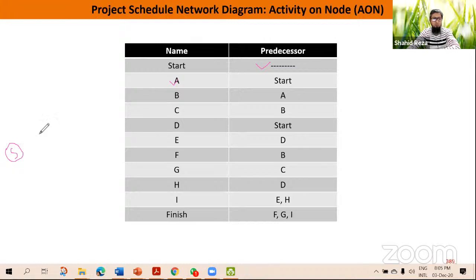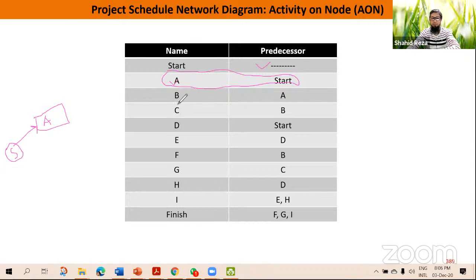That means we have to put A somewhere like this place, and we can draw an arrow. That means A has a predecessor, that is start, right? You understand?